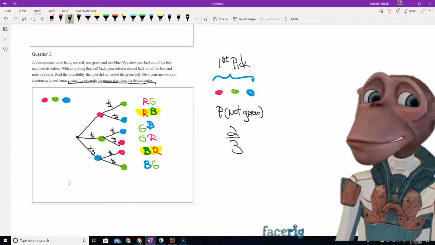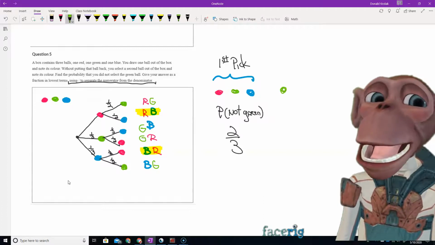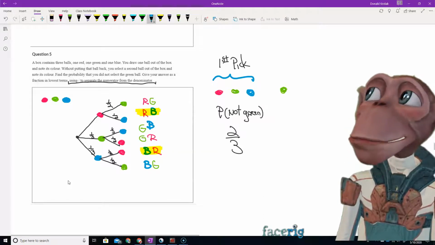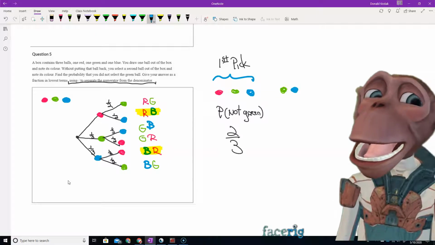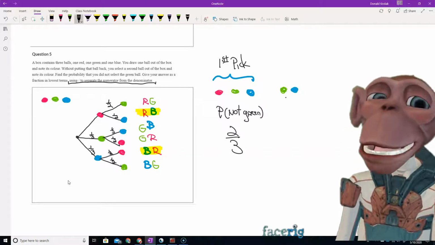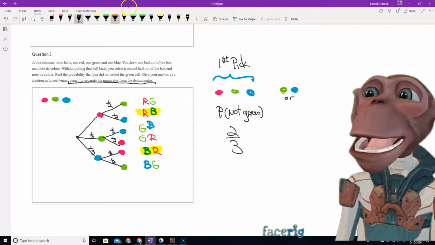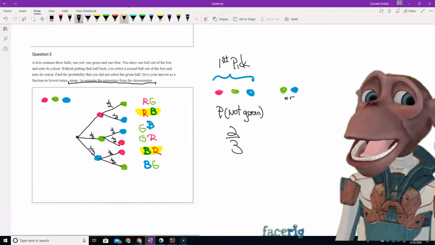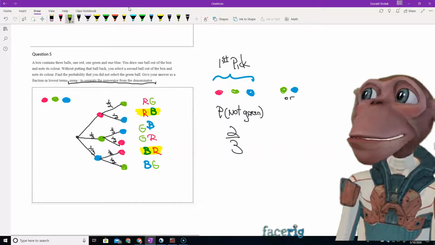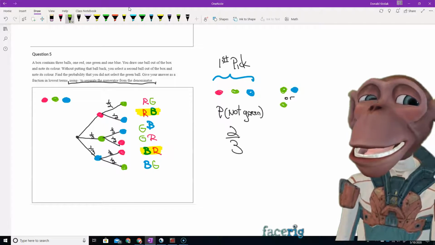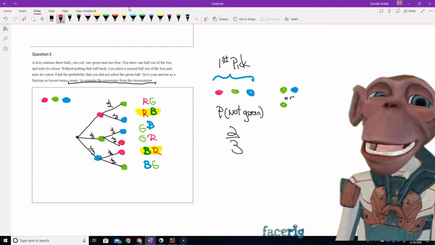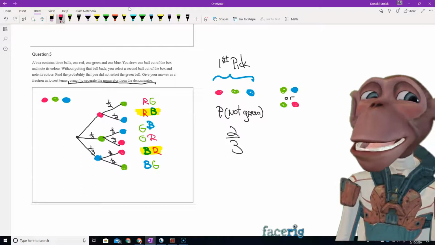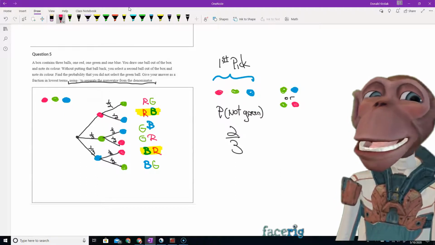So if I pick the red one, then I'm going to be left with a green and a blue.